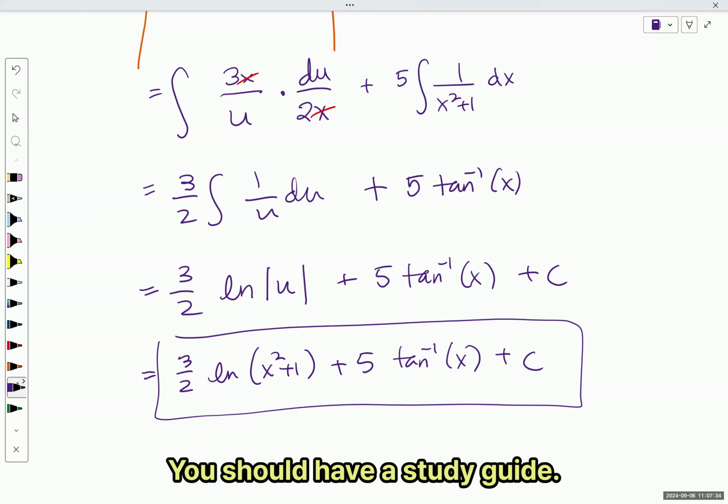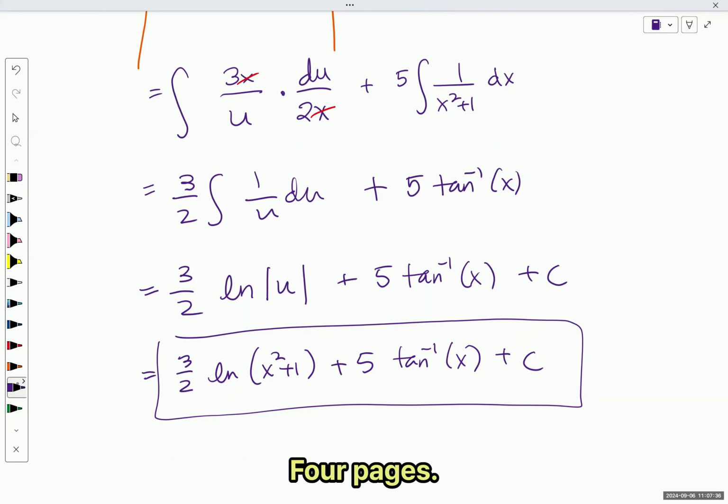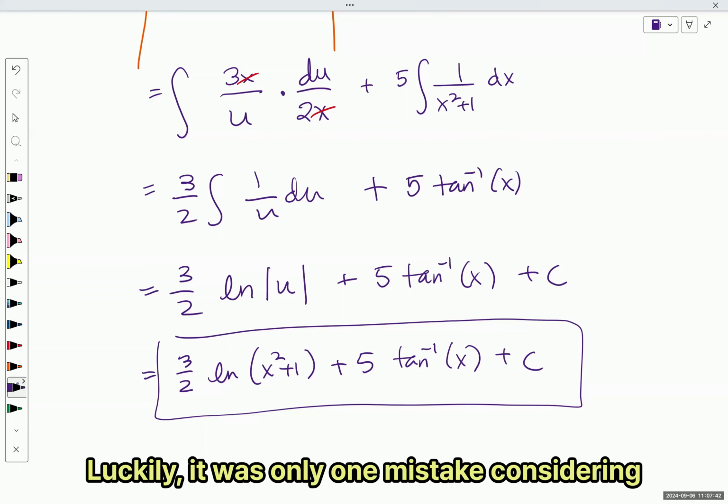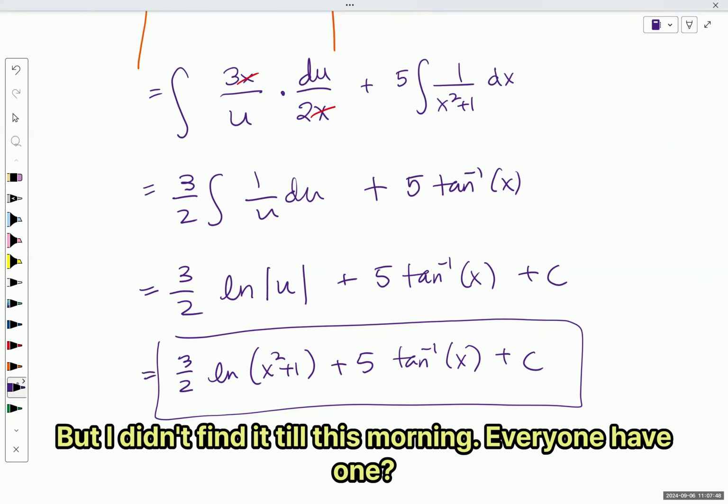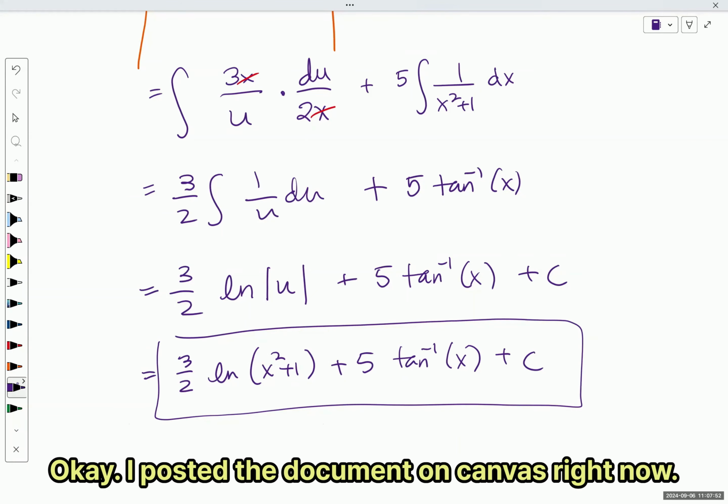You should have a study guide. It's 4 pages. I did find a mistake in the answer key that I will have you correct in just a moment. Luckily, it was only 1 mistake, considering I was up until like 11 o'clock doing it. But I didn't find it till this morning. Everybody have one? Cool. I've posted the document on Canvas right now.